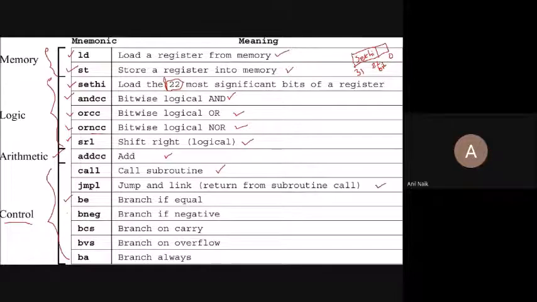For example, suppose some data is there in a 32-bit register.